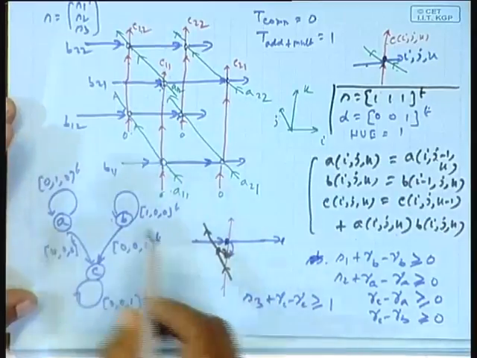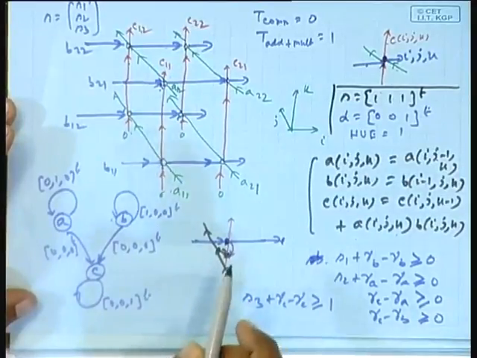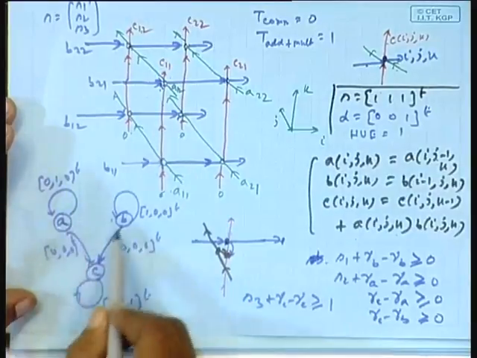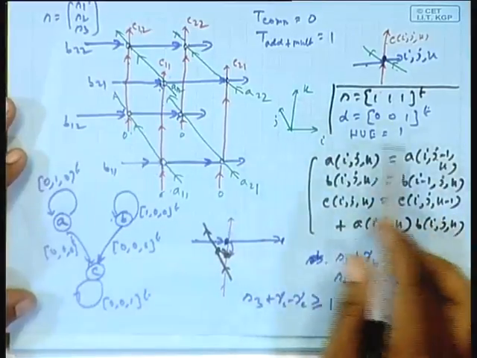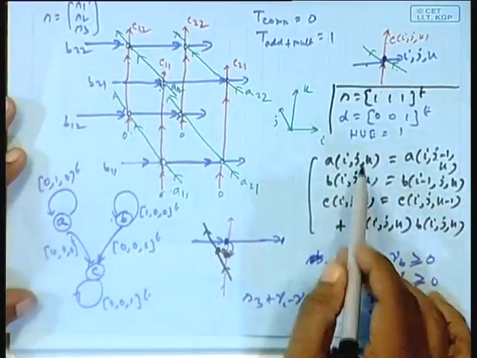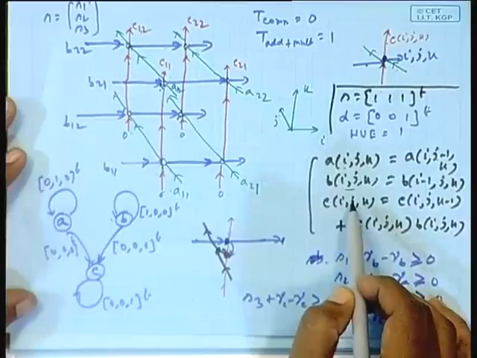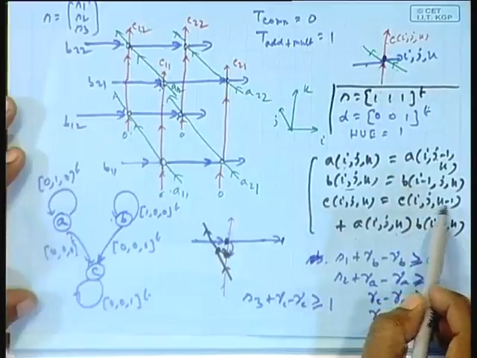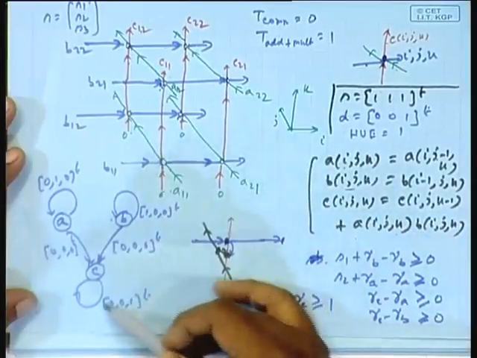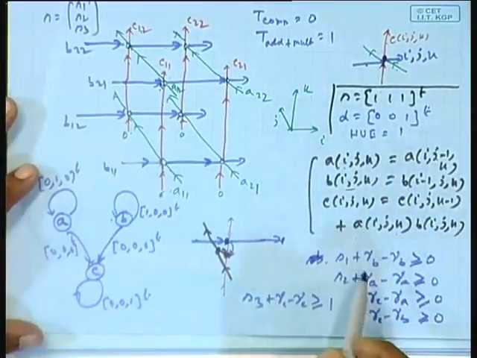Then between A and C there are also edges, but they are all located in the same place, so 0, 0, 0. If you write this algorithm, on the left hand side all three indices will be the same, I, J, K. Here there is an edge from I, J, K minus 1 to I, J, K, which is 0, 0, 1. And then we wrote down those equations for the various edges.